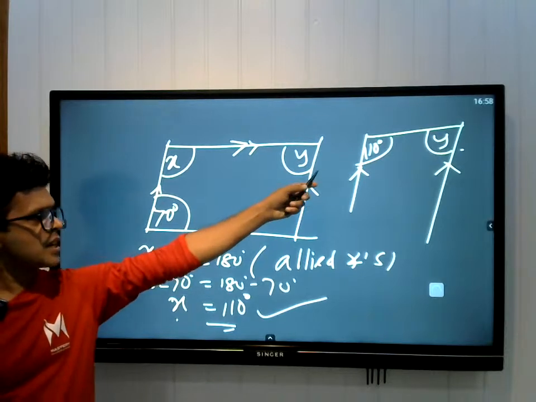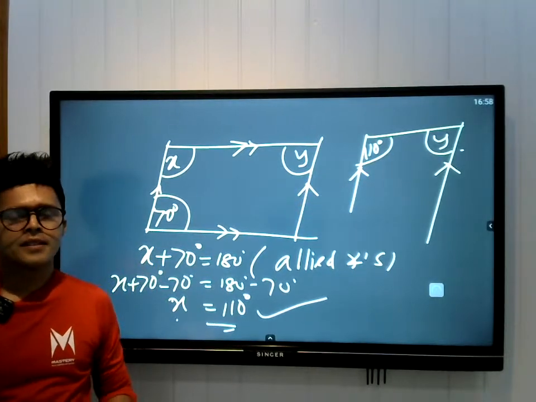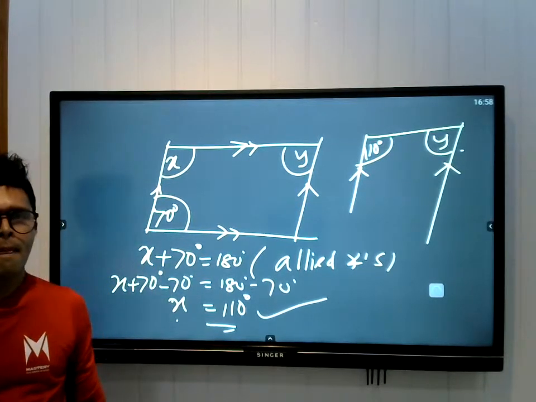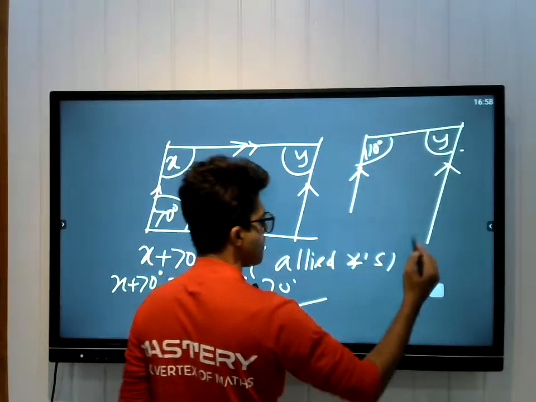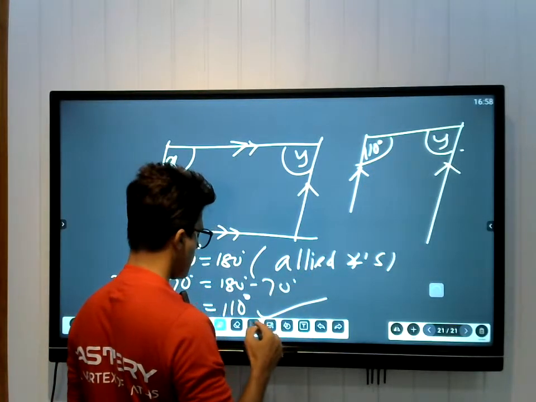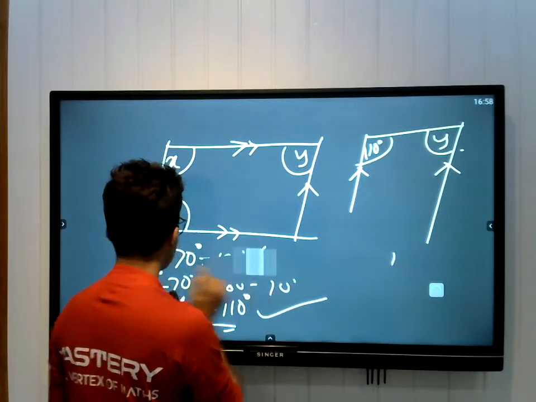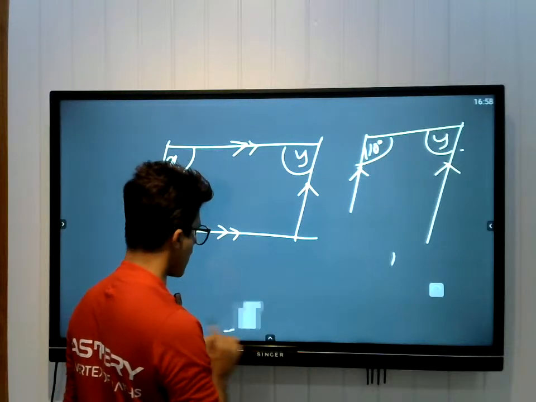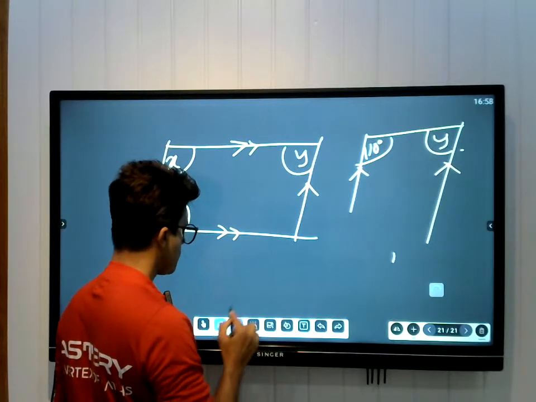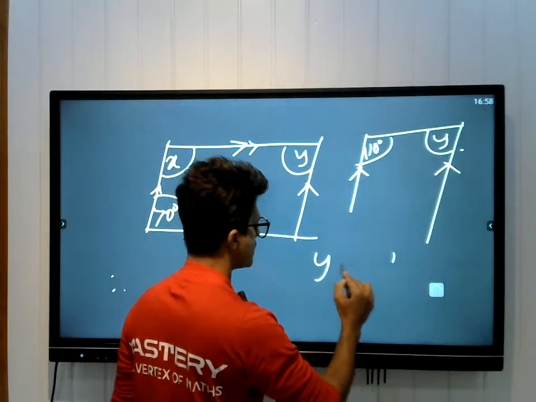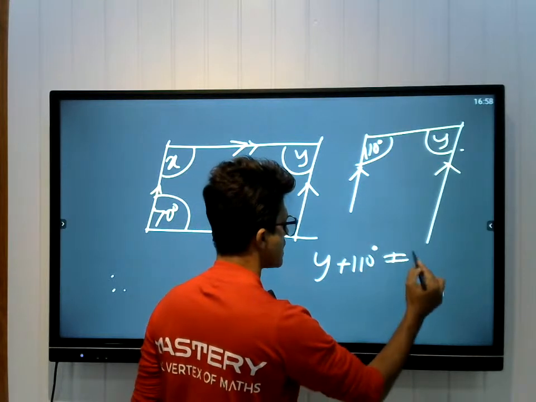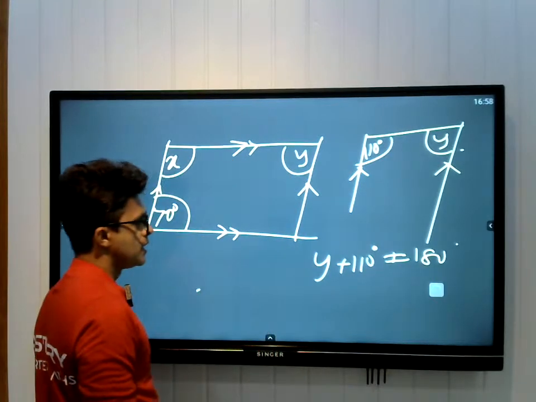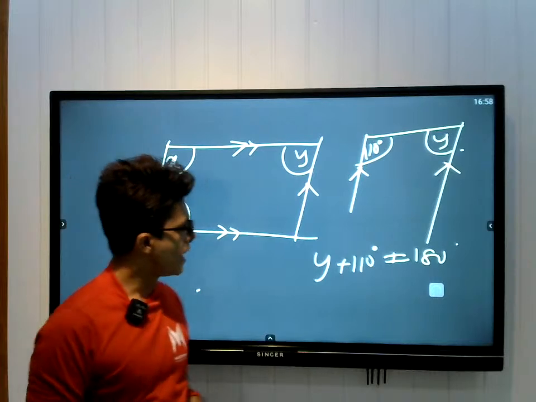Then y plus 110 equals 180 degrees. Now the value of y can be found.